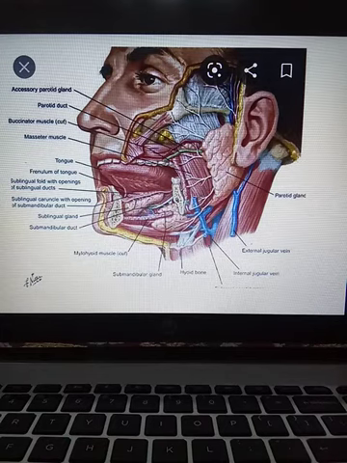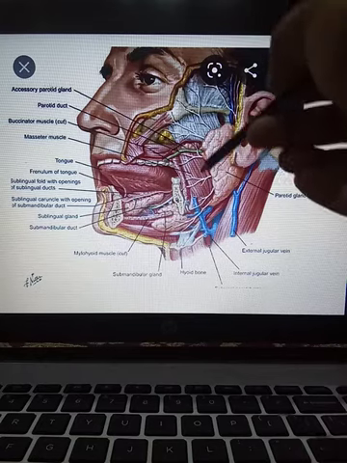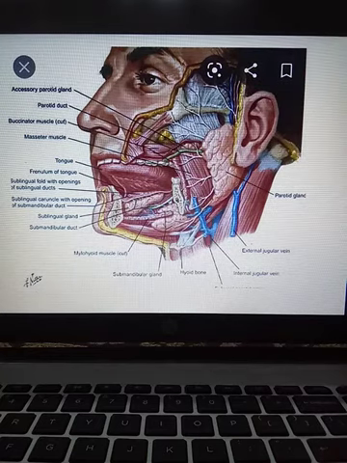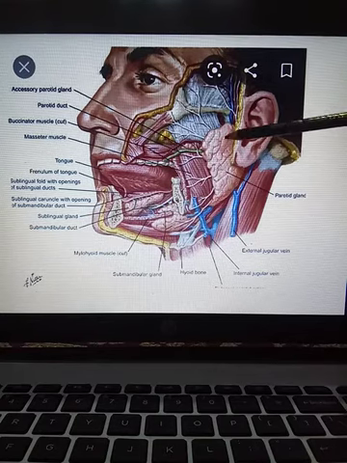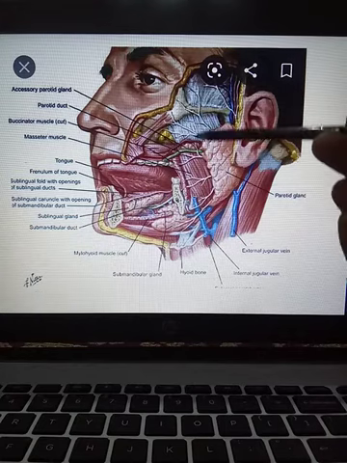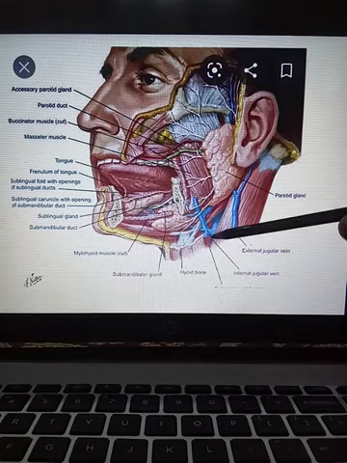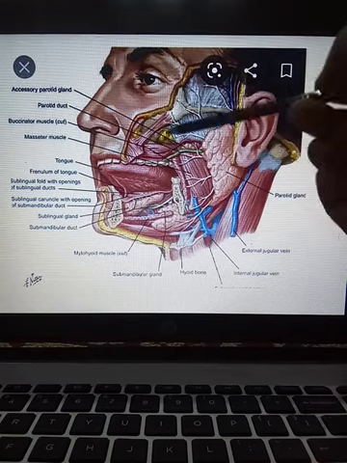The parotid gland is pyramidal in shape, as you can see in the picture. It is present below the external acoustic meatus. Anteriorly you have the mandible, and posteriorly the sternocleidomastoid muscle.